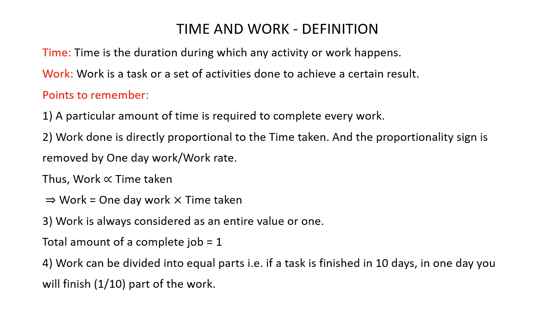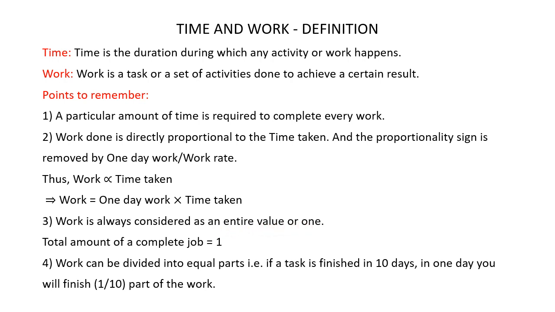So work done is directly proportional to the time taken, and the proportionality sign is removed by 1 day work or work rate. Thus, work is proportional to time taken means work is equal to 1 day work multiplied by time taken. Now work is always considered as an entire value or 1.